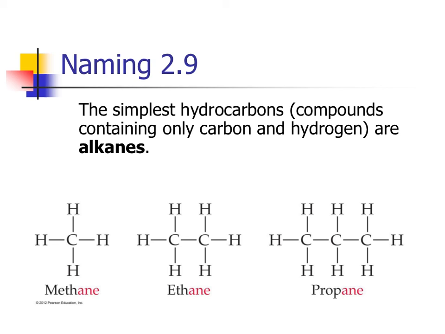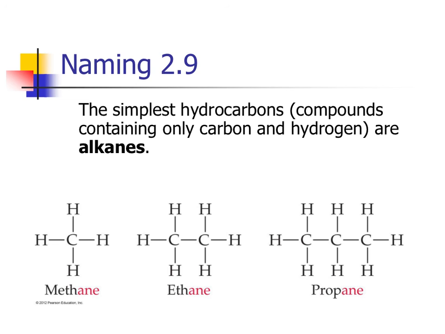And like I said, with organic chemistry naming, we could look at just organic chemistry naming for 3 weeks, and we probably would have only started to scratch the surface. So we do need to know, or should know, the formulas for these three, such as methane, ethane, and propane, because they are very common in our everyday lives.